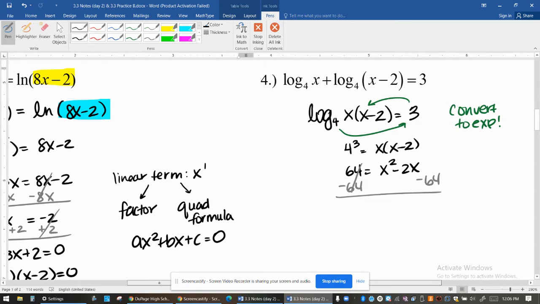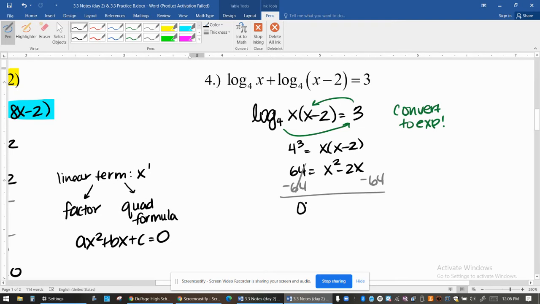So pause the video, take a minute, and see if this could be factored. If it is, factor it. So I'm looking for numbers that multiply to negative 64 but add to negative 2. Okay, you should have noticed that unfortunately, because of the discriminant, b squared minus 4ac, remember that's how we check to see if something can be factored, you get 260.